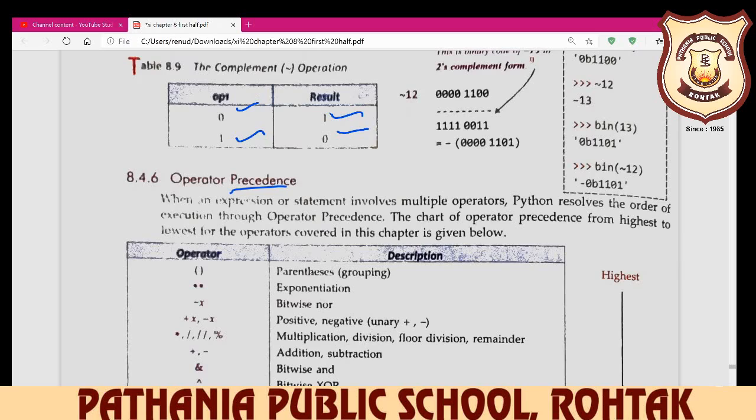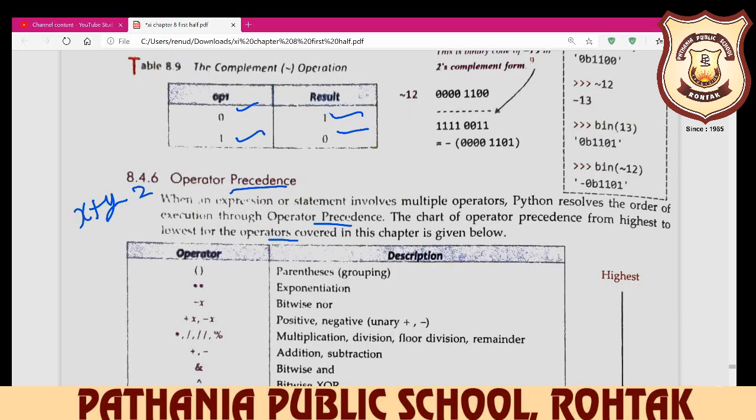For example, we write here x plus y minus z. This is solved with the help of operator precedence, which always resolves with the help of the BODMAS formula. The chart of operator precedence from the highest to lowest of all the operators covered in this chapter is given below.